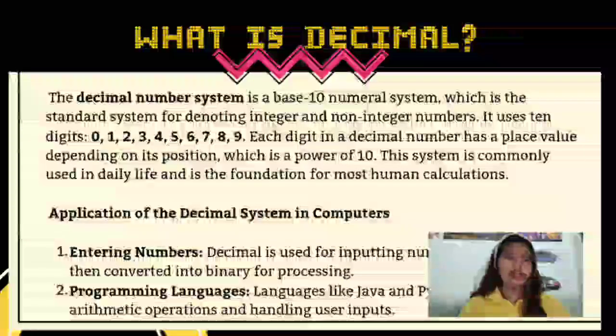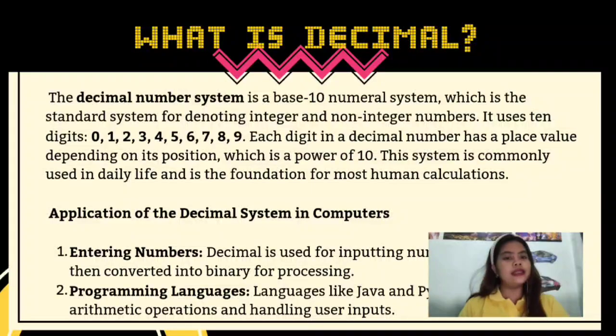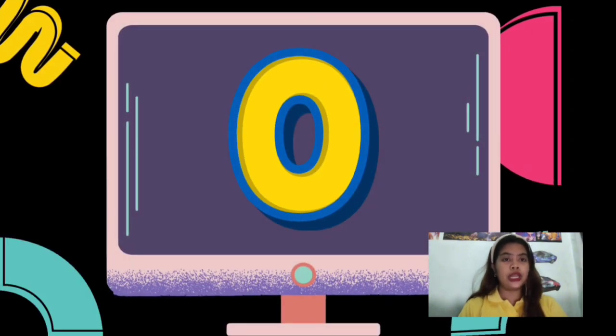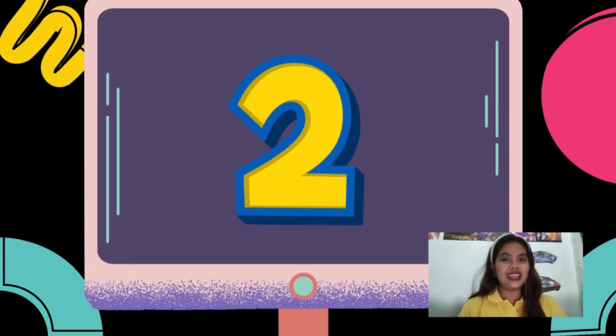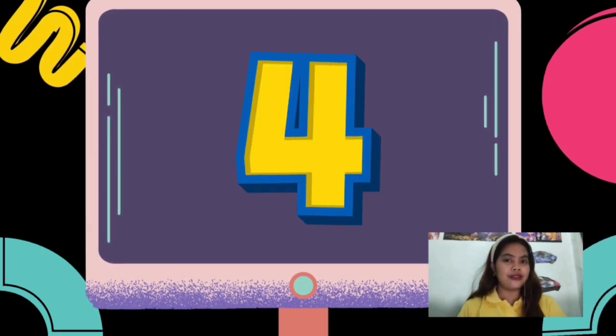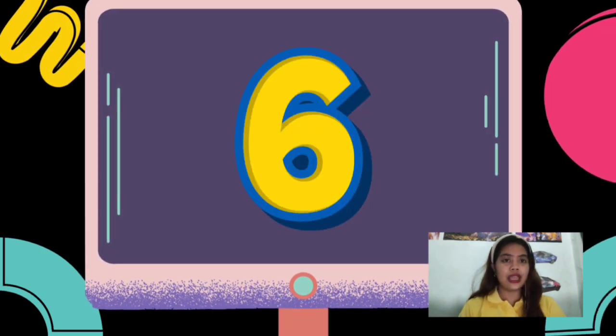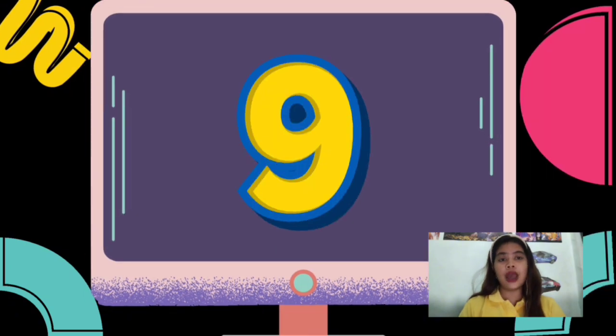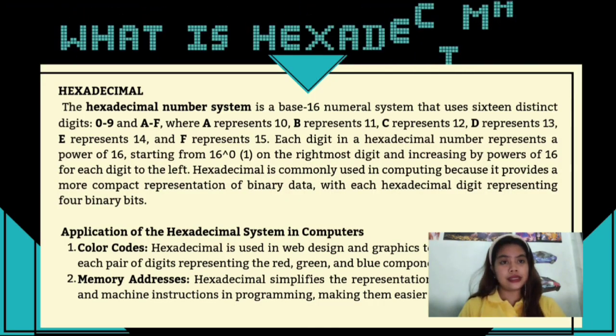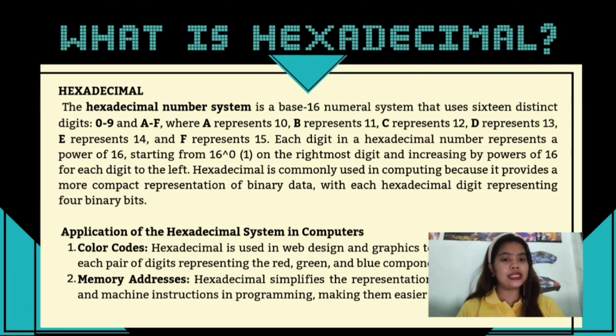Let's start with some basics. We're all used to decimal numbers. That's the number system we use every day. Decimal is also called base 10 because it uses 10 digits from 0, 1, 2, 3, 4, 5, 6, 7, 8, and 9. Now, hexadecimal or base 16 uses 16 symbols.